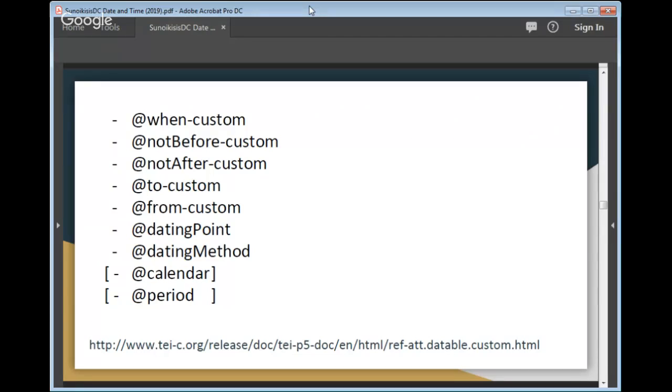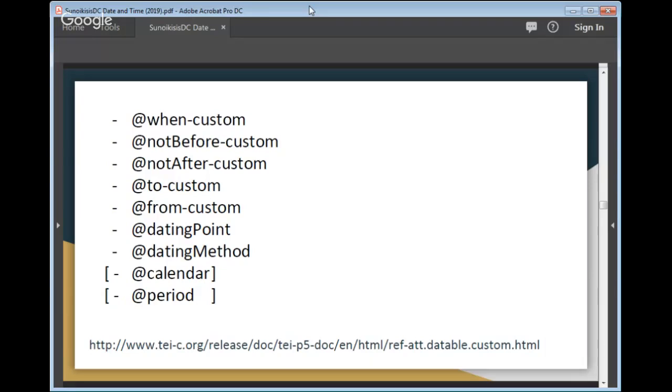You then have these two other attributes that are made available. One is dating point, which allows you to say these dates are dates after a certain point, and this is the point. That point may have a date, or it may just have a definition. So it may be, since the accession of this pharaoh, and we don't know when that was, so we don't care, but since the accession of this pharaoh it's been 17 years.